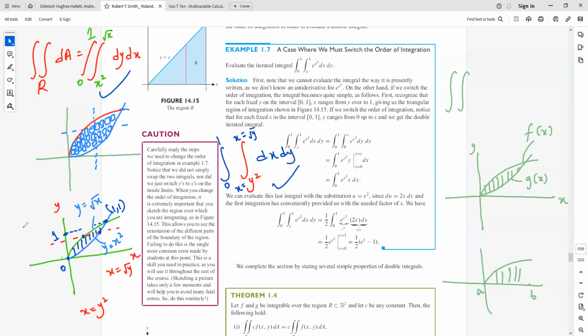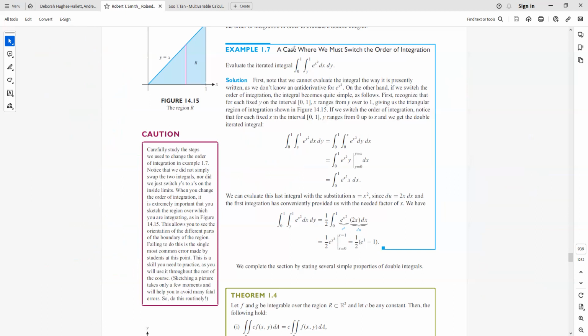So we can work in both directions, but in most problems we need to flip the order because of the complexity of the problem. For instance, let's say we have this integral going from y to 1, which are the limits in the x direction, and from 0 to 1, the limits in the y direction, and the integrand is e to the power x squared dx dy.